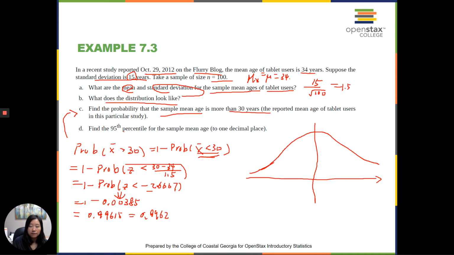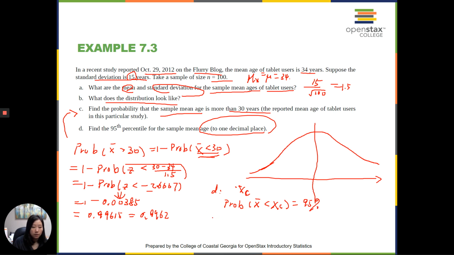Question D: find the 95th percentile for the sample mean age to 1 decimal place. So D basically is saying that there is a critical value, let's call it XC, so that the probability of X bar less than XC is equal to 95%, or 0.95.